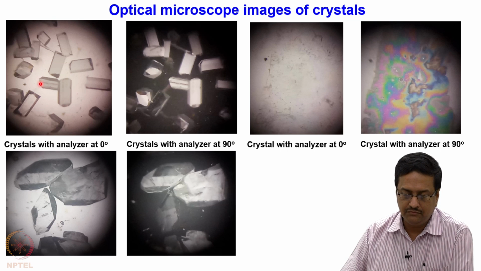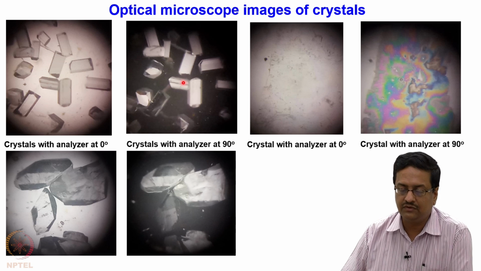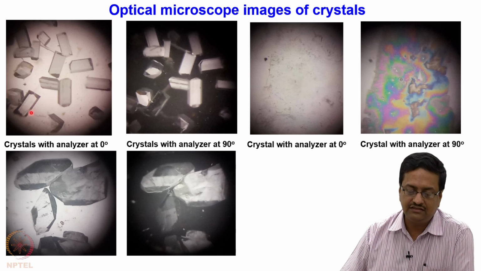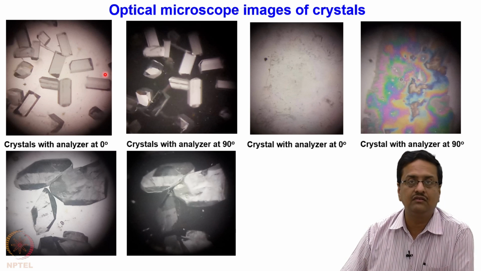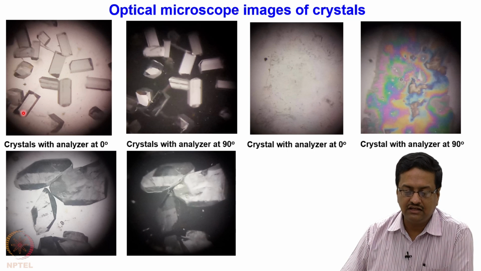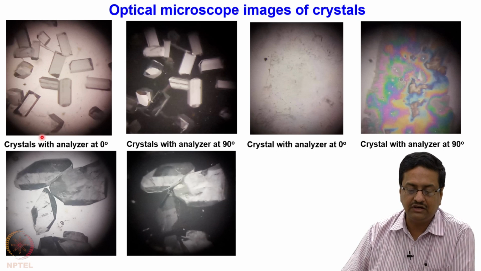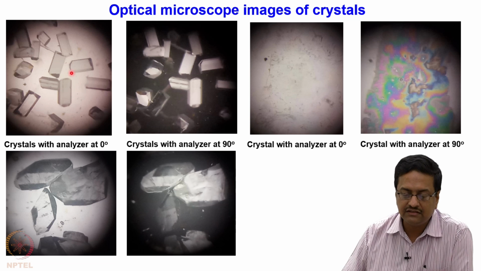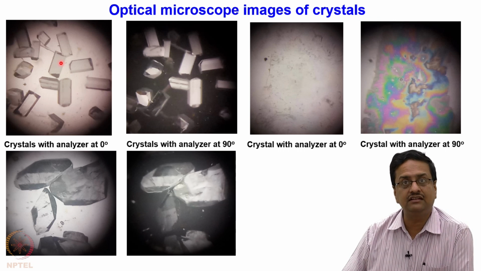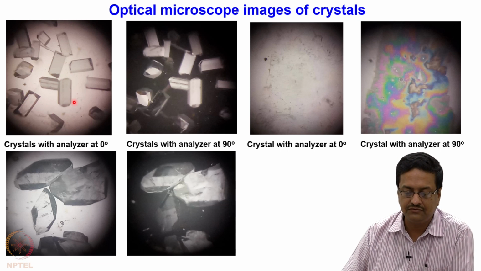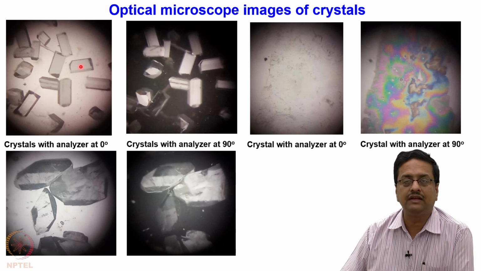In the upper two figures, you can see the crystals have a particular shape. These are rectangular parallelepiped shapes, and these crystals are well faceted as well, so the crystals have different faces exposed outward.